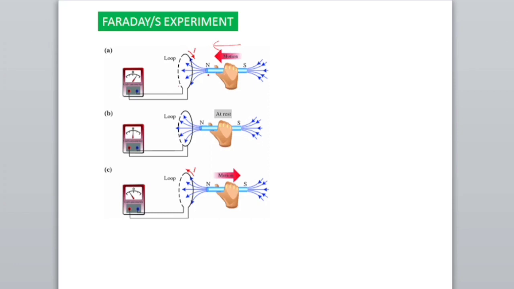When the magnet is moving towards the coil, magnetic field lines pass through the coil, and the field lines are changing, meaning there is a change in magnetic flux. Due to this change, the galvanometer shows some deflection. It means some current is flowing in this circular coil, right?